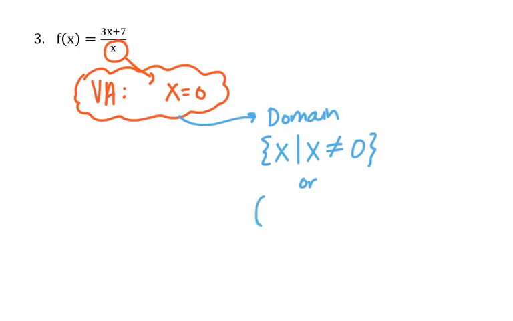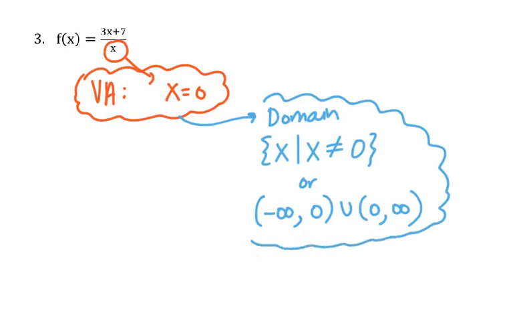And the interval notation would just need to exclude 0. So we'll make sure to pop over 0 like that. And that would be the domain. All of these that we're working right now can be checked graphically. If you graph them, you'll be able to see that the function avoids the vertical asymptotes that we're finding.